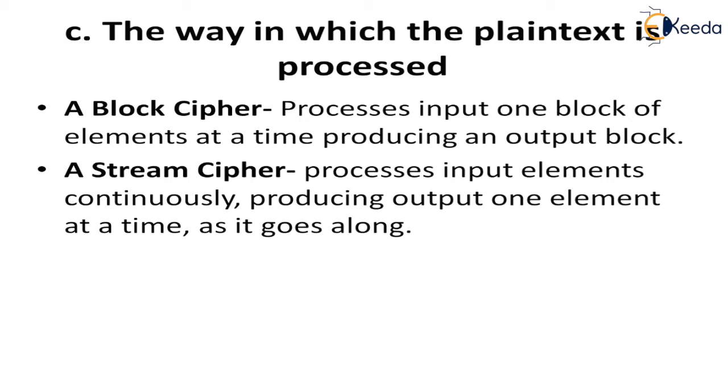So this blockwise processing is being done. Another type is stream cipher, which processes the input elements continuously, producing the output one element at a time as it goes along. So the major difference is blockwise processing and continuous processing.